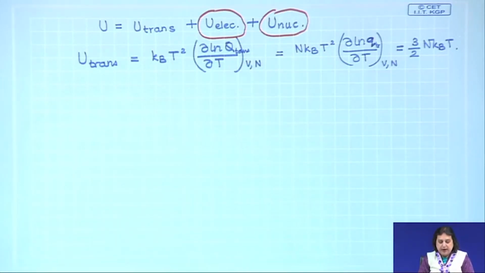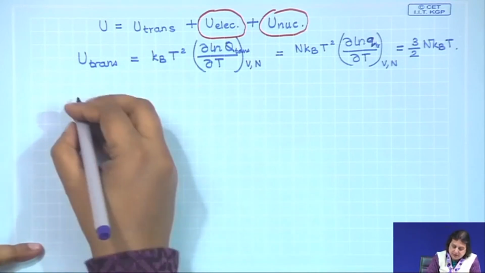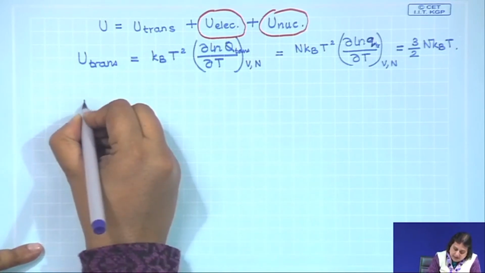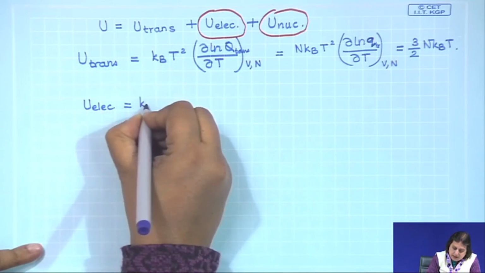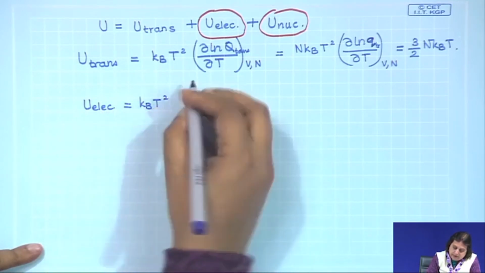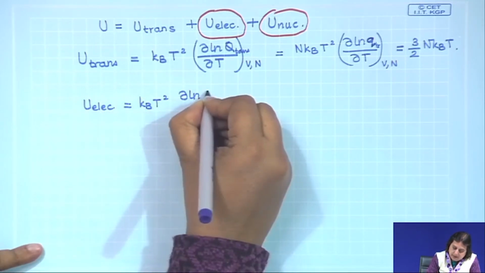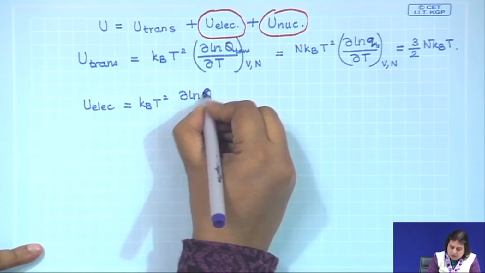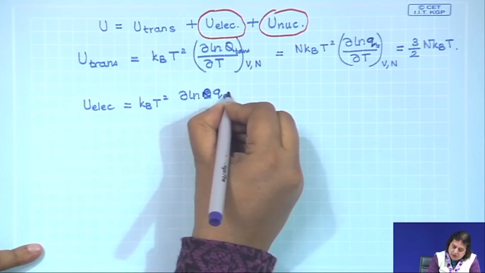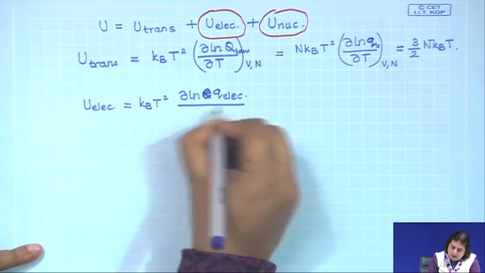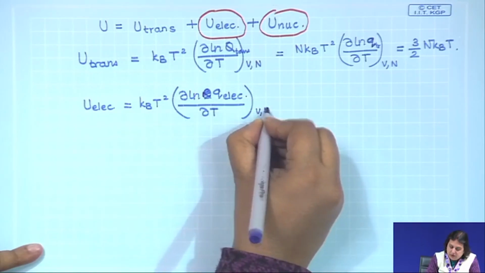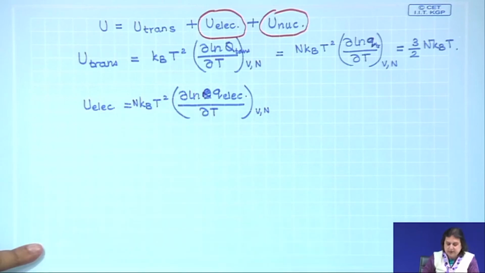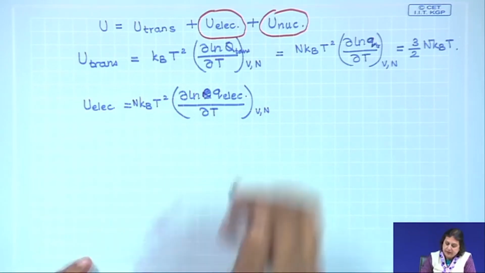So, let us look at individually what these terms are, and we find that U electronic is now being given by k_B T square del ln capital Q or small q electronic del T, taking this derivative at constant volume and number of particles with a capital N in front.